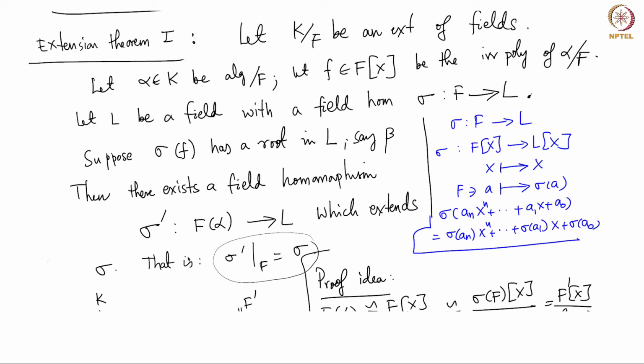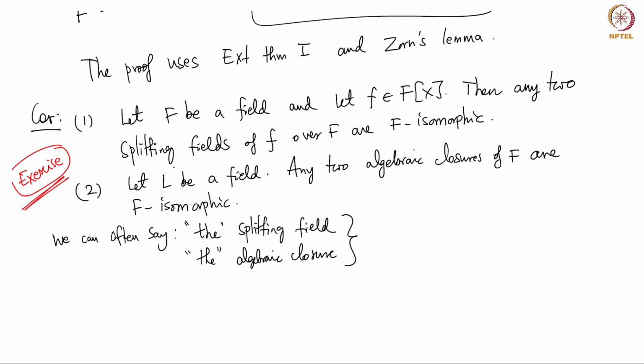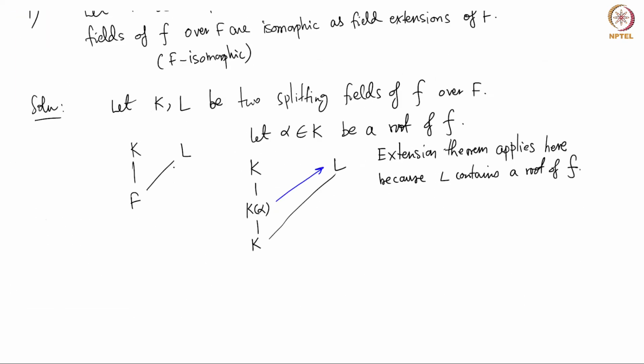And in general, we actually worked with an arbitrary field L and a homomorphism sigma such that sigma f has a root beta. So here I am going to take sigma to be the identity. So take sigma to be the inclusion. Right, so sigma is just this.